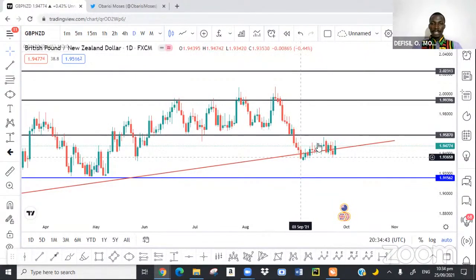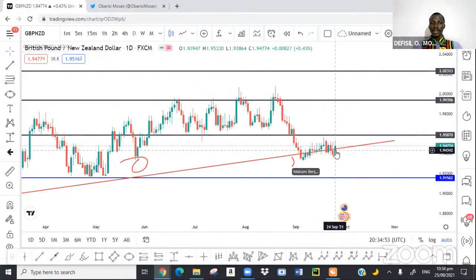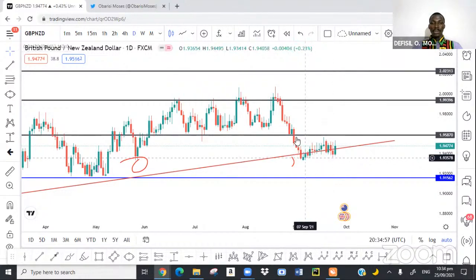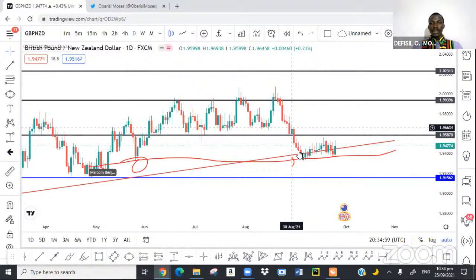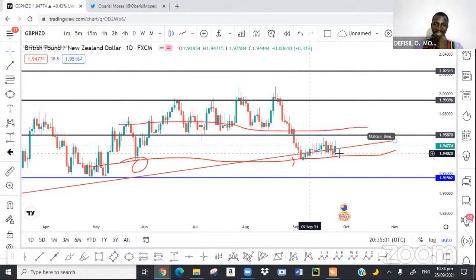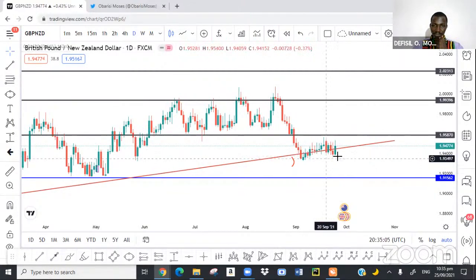It broke this range down, and it's going back to do a retest, and the retest seems not yet completed. Since it's not yet completed, we'll not jump into sell first.